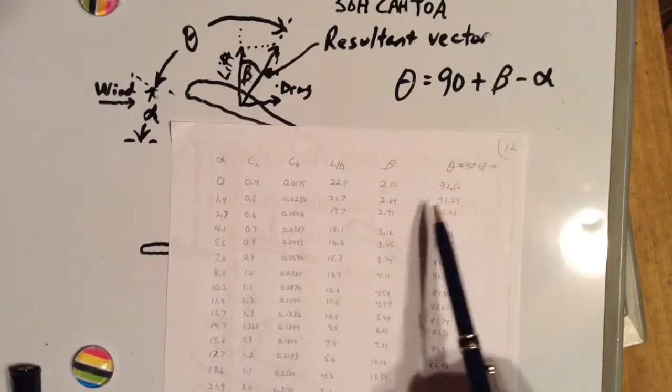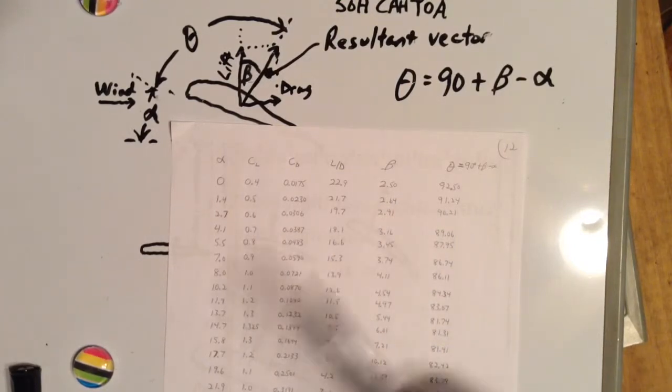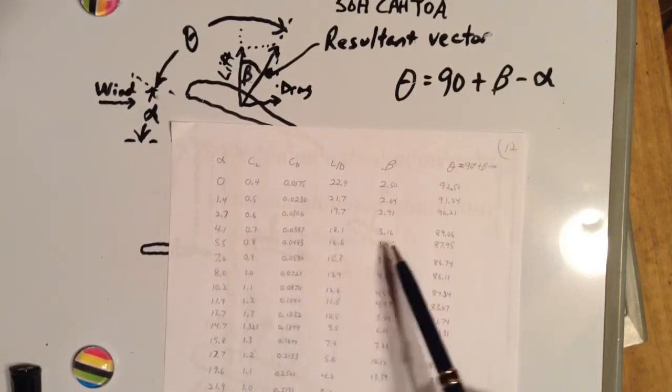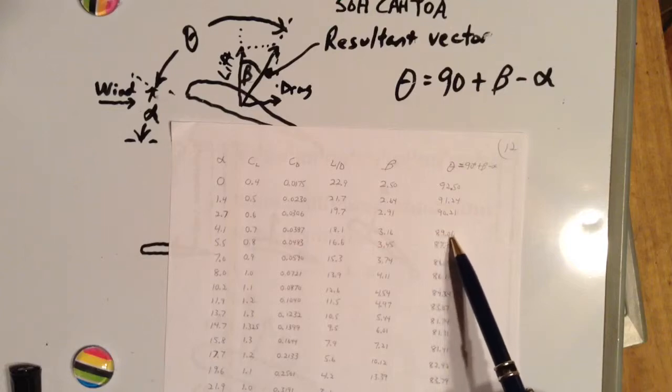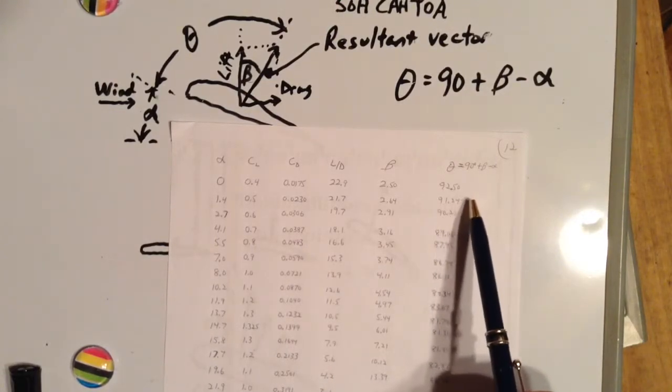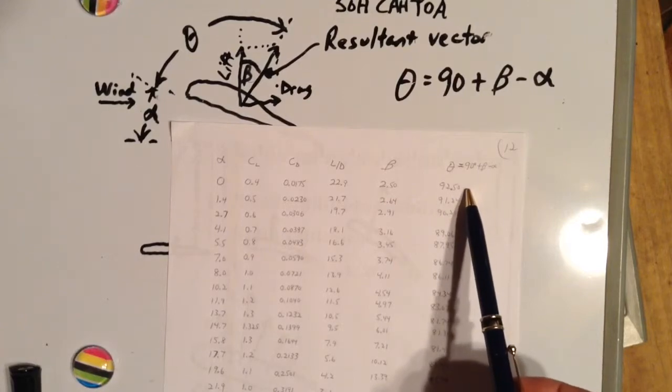And we just keep doing the same old thing on down the line. Here we go, 90 plus 3.16 minus 4.1 gives us 89.06.